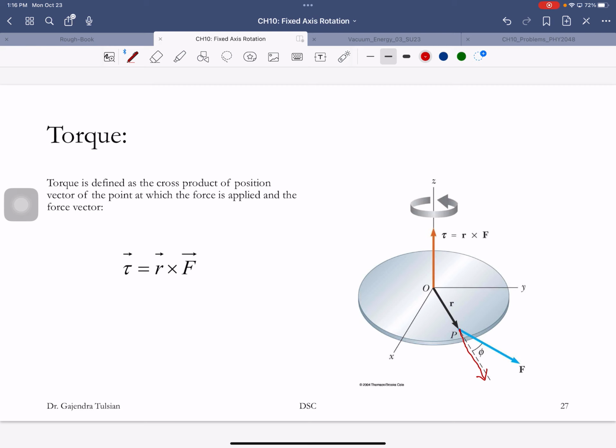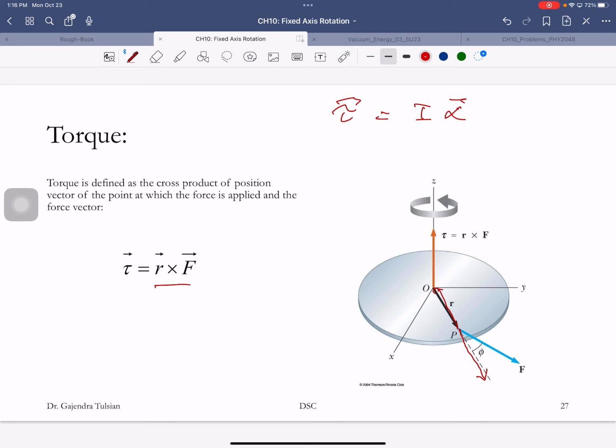No, because there's no tangential force. When R and F are parallel to each other, the cross product is zero. The torque is zero, and you won't be able to give any angular acceleration. Similarly, if I apply a force in this direction, R cross F is zero.